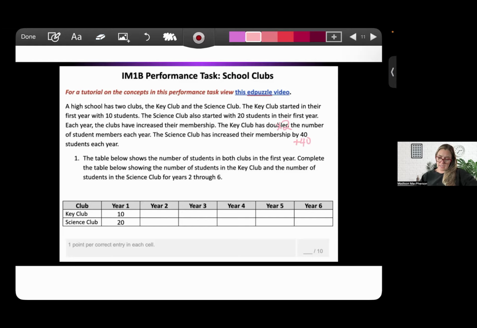So looking at Key Club, remember Key Club was the one that doubled, so these are going to be multiplying by 2. So year 1, multiply it by 2, we get 20. Multiply that by 2, we get 40. I'm going to let you guys finish those out.